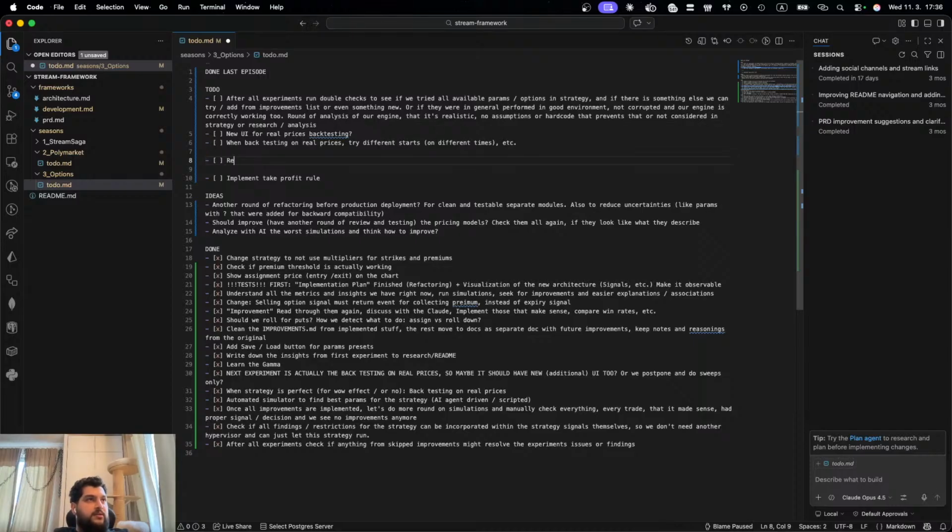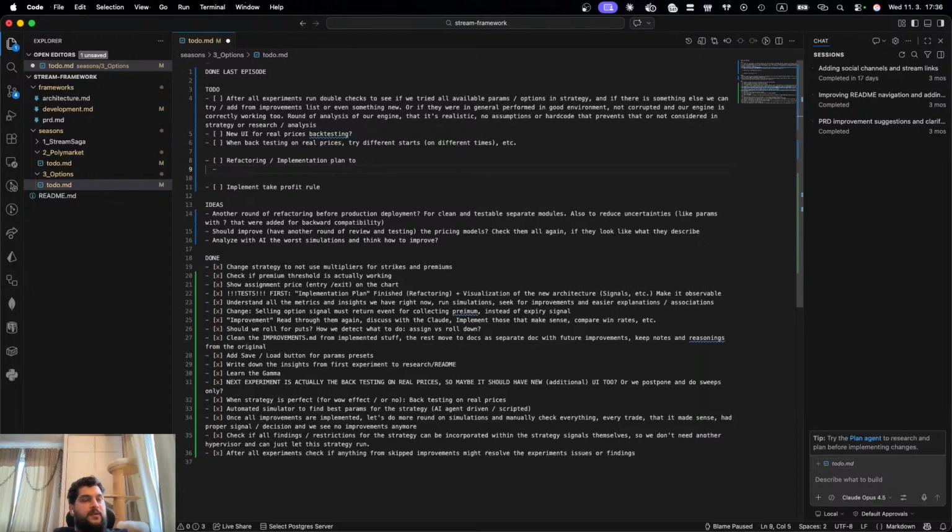refactoring for implementation plan to first reuse the engine for other strategies.